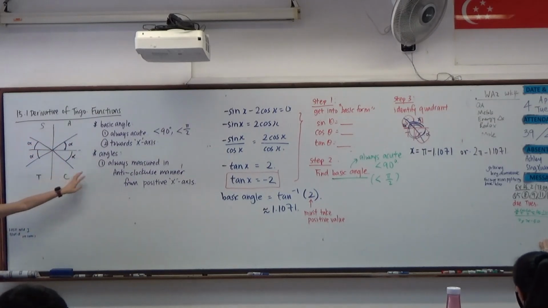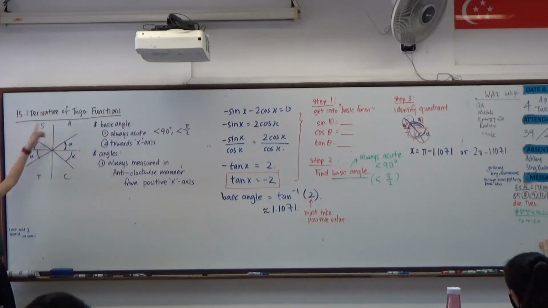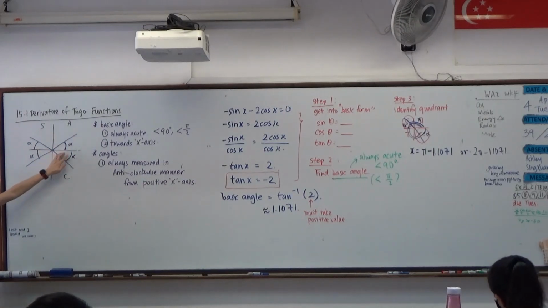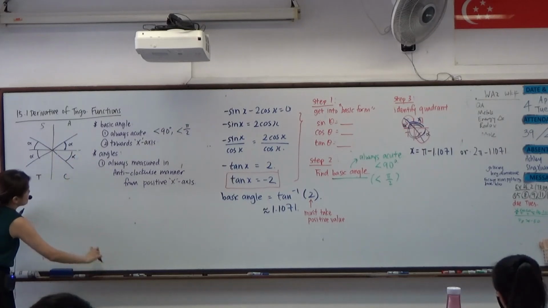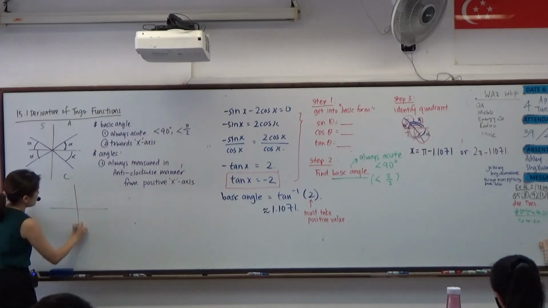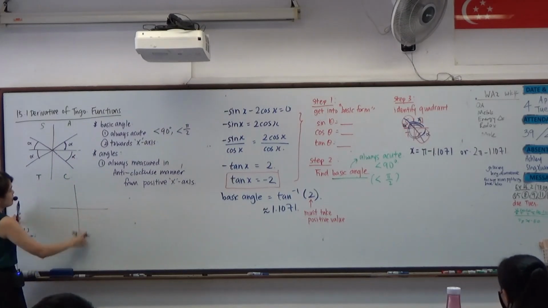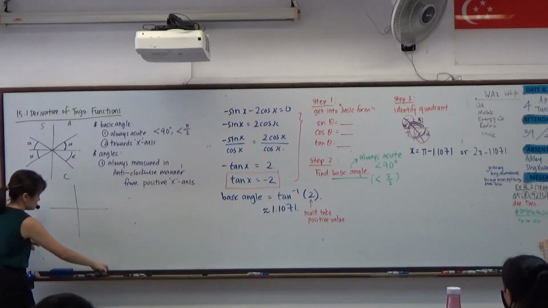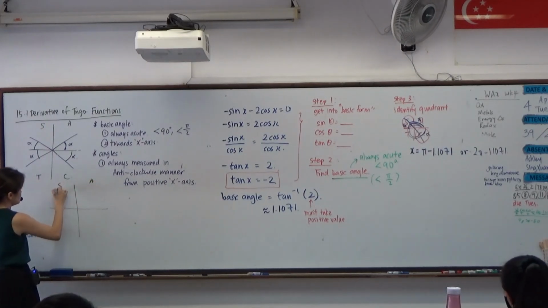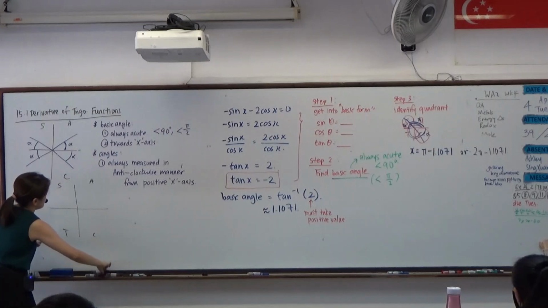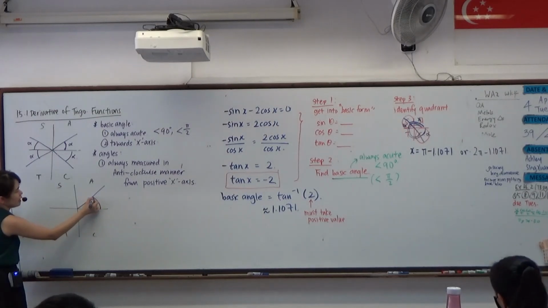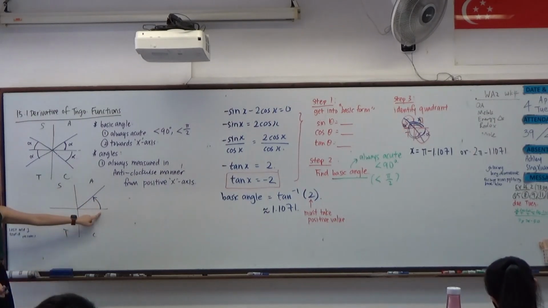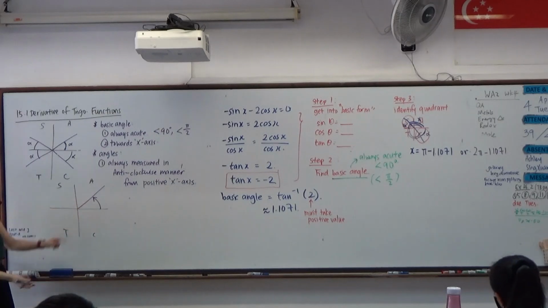Next, our angles are always measured in an anti-clockwise manner from the positive x-axis. The positive x-axis refers to this one. So if I draw another diagram, starting from here, if I have an angle over here in my first quadrant, the angle that I'm looking at will be measured from the positive x-axis to this line.